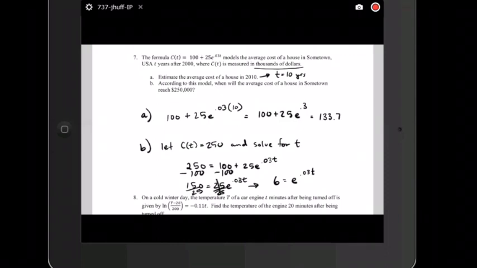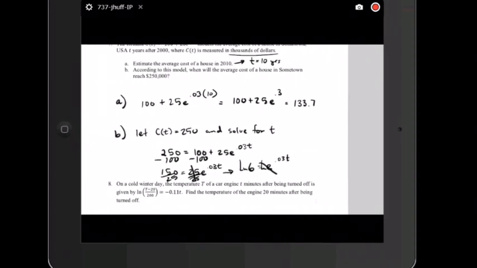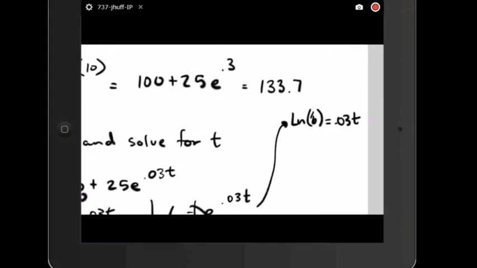Now we need to solve for t. In order to do that, we have to cancel the base, and a base e is canceled using a natural log, so use a natural log on both sides. This gives us natural log of 6 equals 0.03t. And then divide by 0.03. And t is equal to the natural log of 6 divided by 0.03.